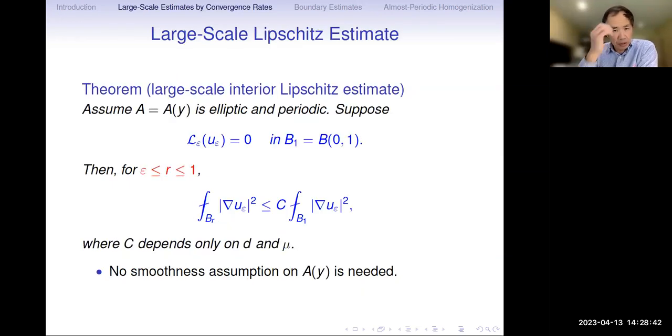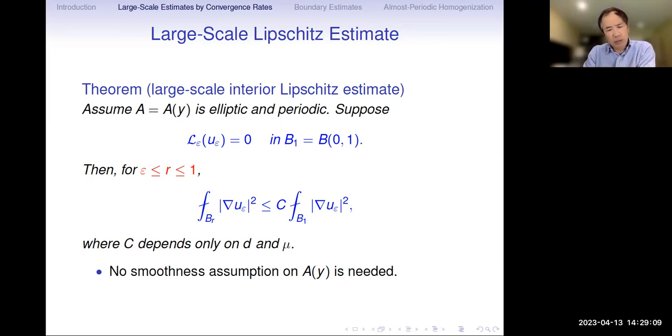Okay. So the estimate I showed already using compactness last time is this one. This is an interior Lipschitz estimate. For simplicity, we're assuming the right-hand side of the equation is 0. And after rescaling, you can always just look at a unit ball.